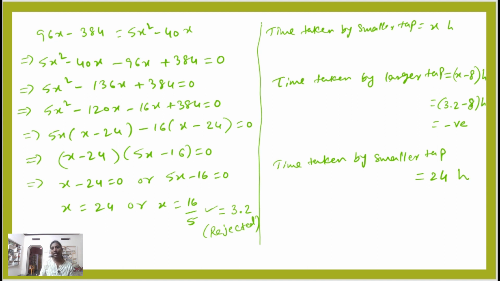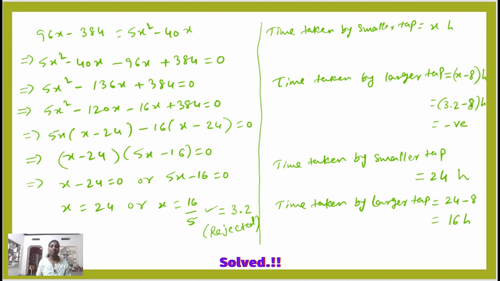Okay, and time taken by larger tap is equal to 24 minus 8. It means 16 hours. Okay, so we have got the answer. I hope you have understood this very clearly.